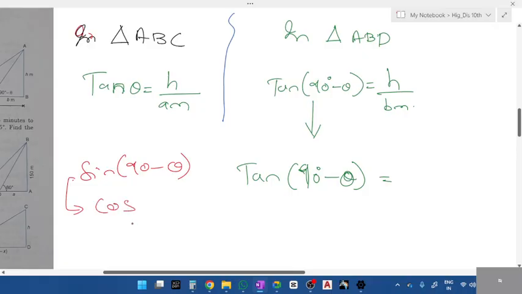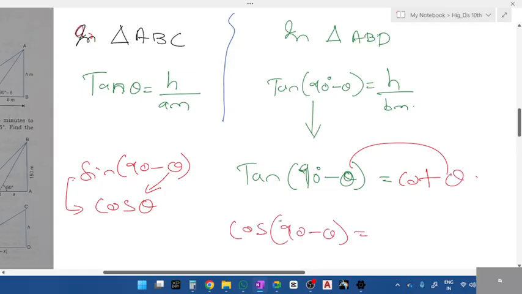Cos. For tan 90 minus theta, what will you get? Cot. For cos 90 minus theta, sine theta. That's it. So in place of 90 minus theta, I need cot theta.